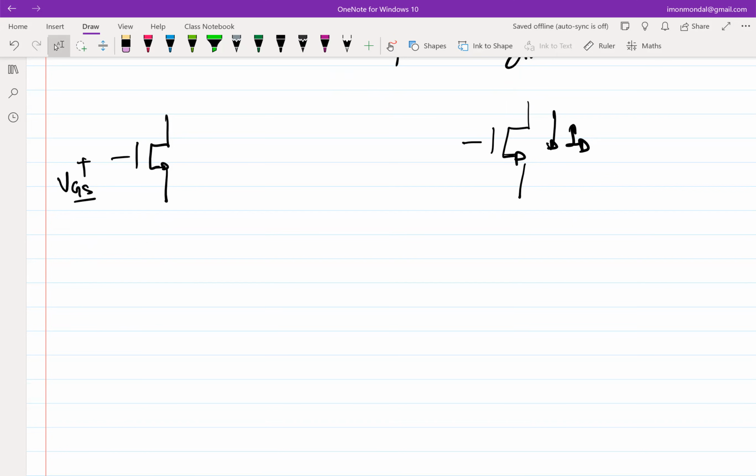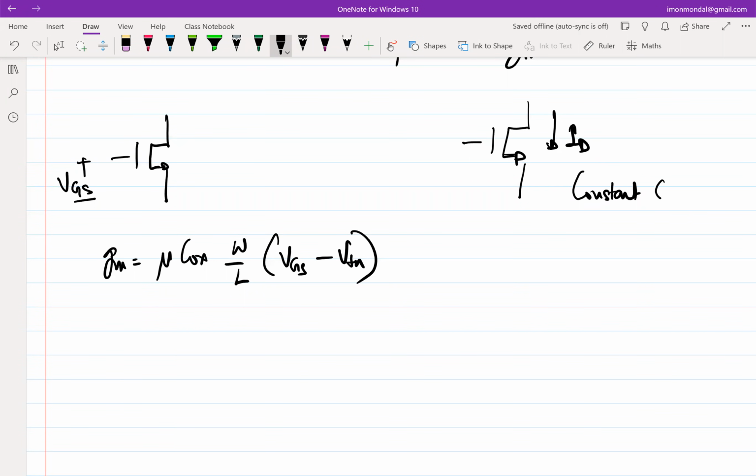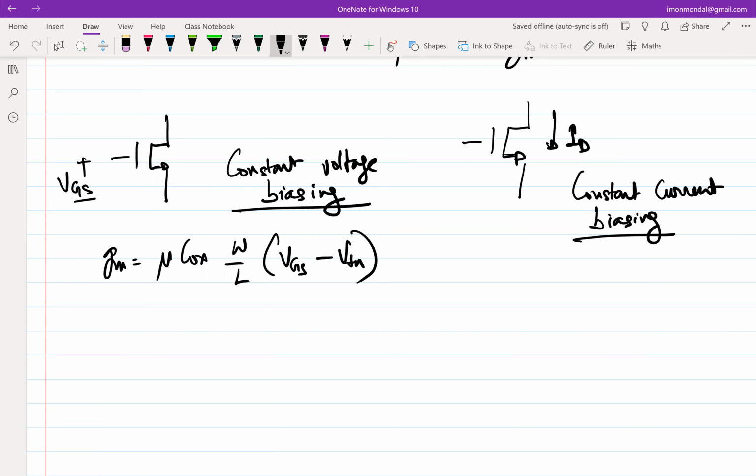Now, if I concentrate on the bias of constant VGS, then my GM essentially is this. And if I bias it with a constant current, write it down, my GM is this.